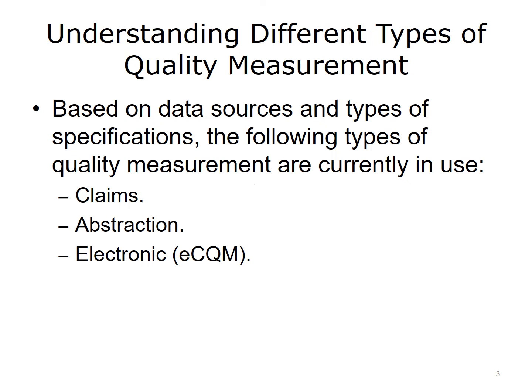Retrospective chart abstraction by dedicated staff is rich in clinical content, but is expensive and is generally unable to scale. While HIT can be leveraged as a data source for many types of quality measures reporting, ECQMs are an end-to-end, completely electronic system where all components are digitally specified.